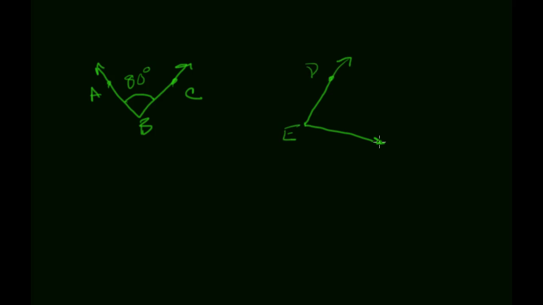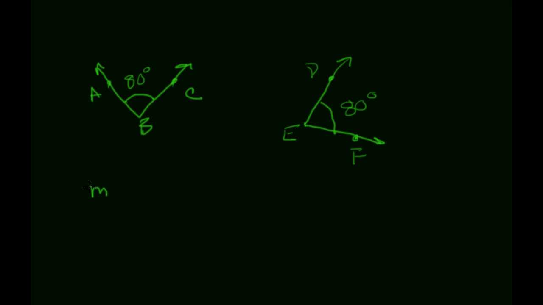Okay, so now once we have the ability to measure angles, we can make a statement about equivalence, right? So let's say I have an angle over here. Let's call it angle ABC, and let's say that this is an 80-degree angle. And then I have another angle over here, and let's call it DEF, and it's also an 80-degree angle.